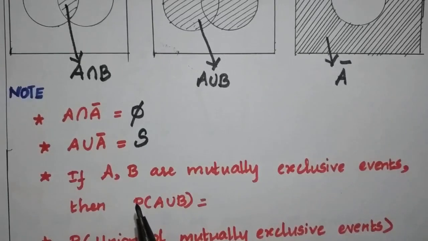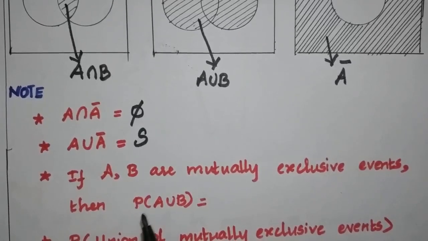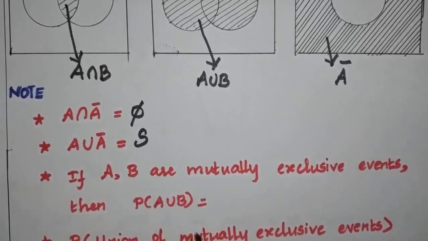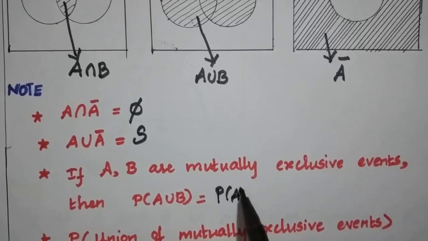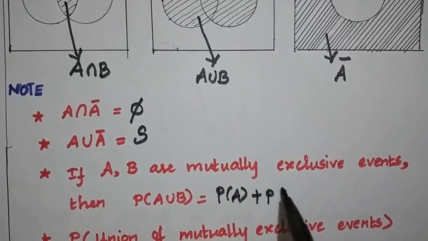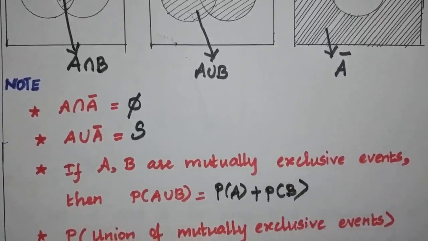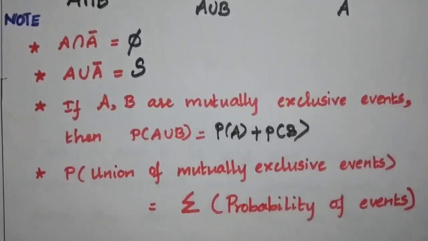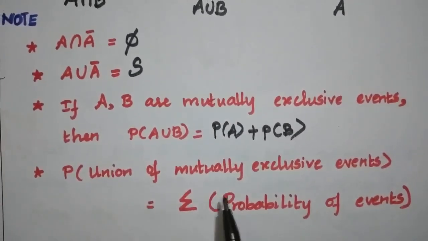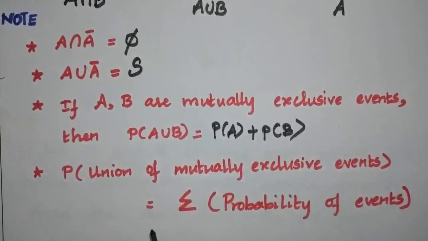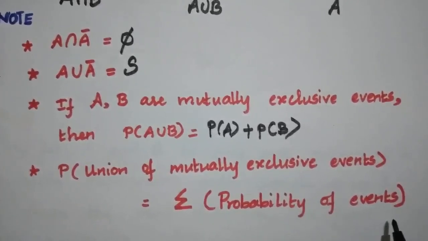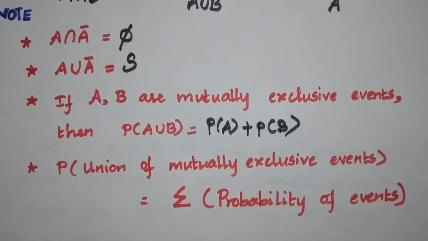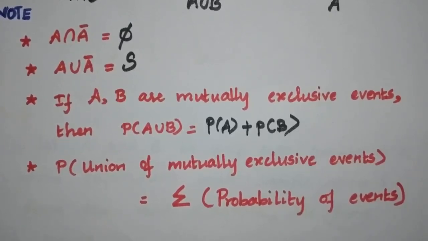The intersection value will be null, so the probability of that intersection value will be 0. So P of A union B is equal to P of A plus P of B. Probability of union of mutually exclusive events is equal to the sum of the probabilities of the individual events. Is it clear, children? Yes.